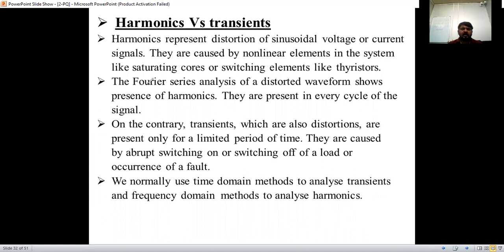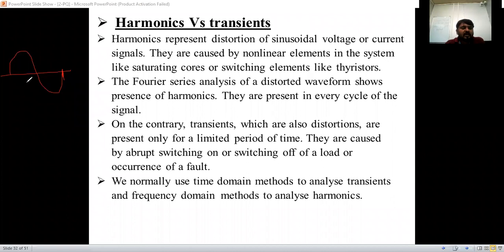See, harmonics are what we consider as frequency domain methods. Suppose one cycle of the fundamental frequency is there. The time taken to finish one cycle is the reciprocal of that, and that is called the fundamental frequency.